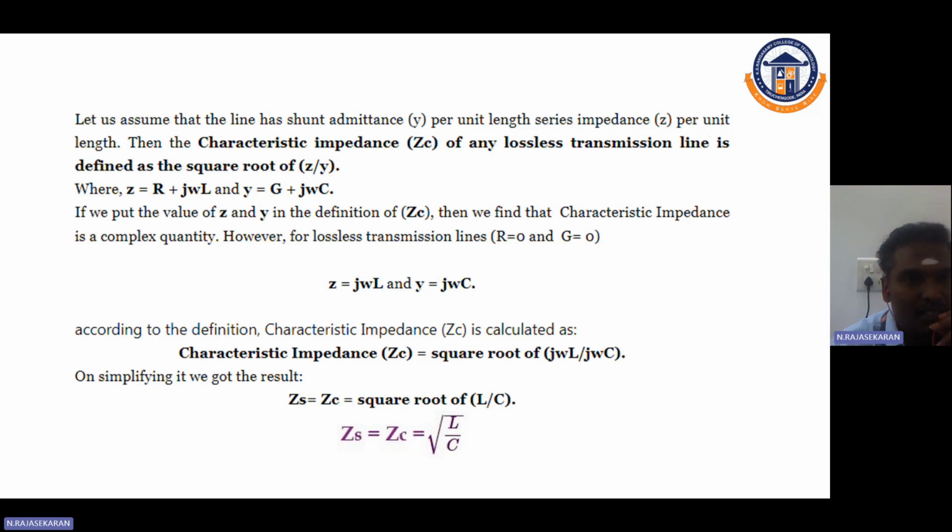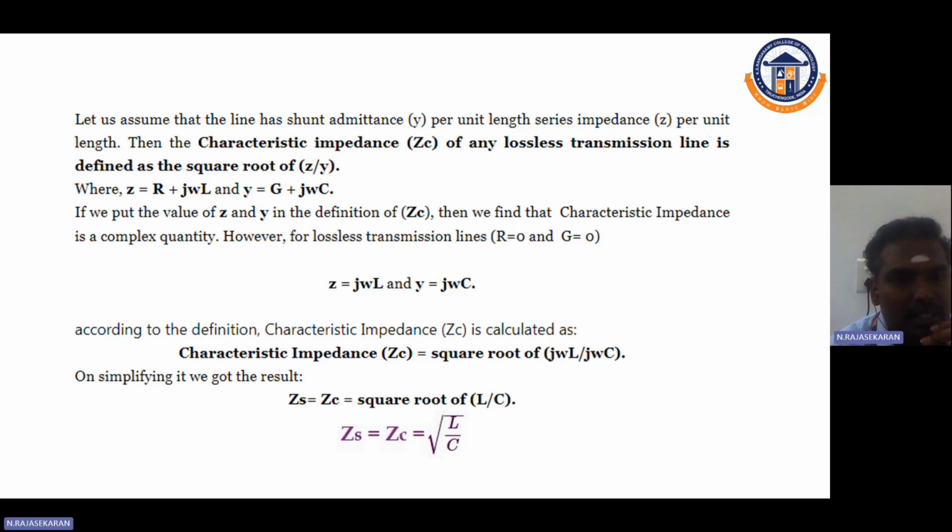The characteristic impedance of a transmission line is defined as the square root of Z by Y, where Z is R plus j omega L and Y is G plus j omega C. If you put in the values of Z and Y, the characteristic impedance is a complex quantity.